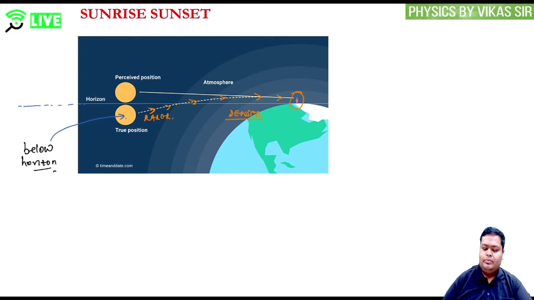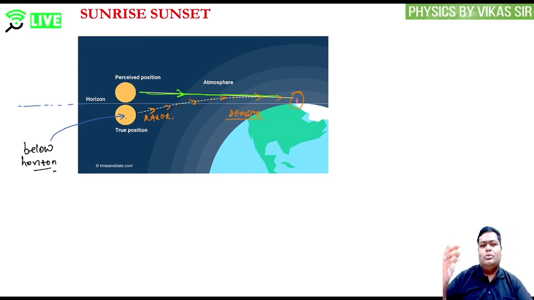Now this observer knows that light basically travels in a straight line path. So he perceives that this ray of light is actually coming from here, and so he is able to see the sun in this perceived position.